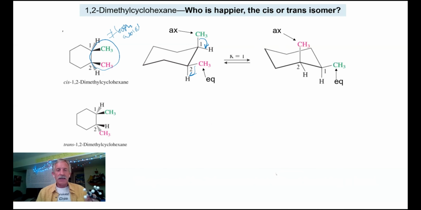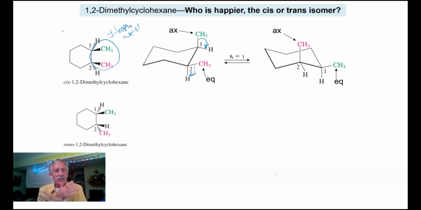So if I were to do a ring flip to try to get this to move that top axial down into the equatorial and maybe see if I can move that equatorial and keep it there, I can't. Because the problem is, remember, when you do a ring flip, every axial turns into equatorial. On a ring flip, every equatorial turns into an axial.